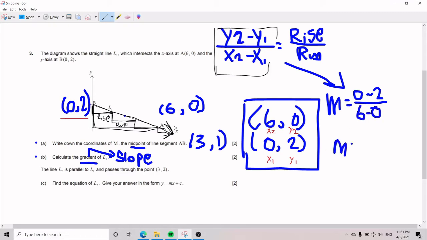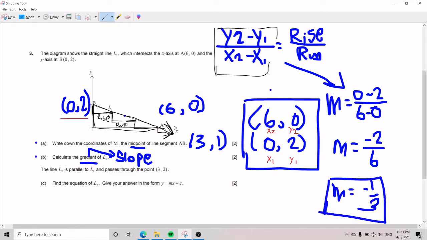And so my slope is going to be negative 2 over 6, which is equal to negative 1/3. And notice that before I even finish the formula, my rise here is negative, right? Which makes sense because all of these rises, all these little triangles that I drew, have a negative rise, and all the runs have a positive aspect to them.